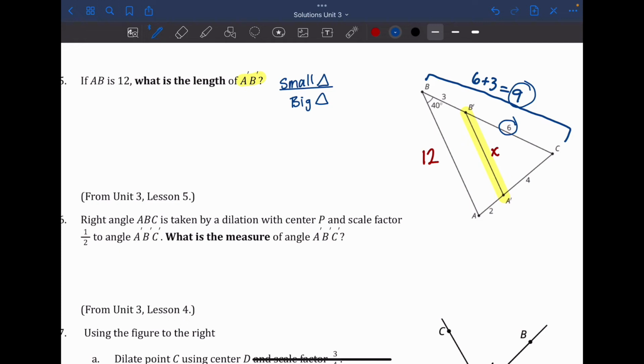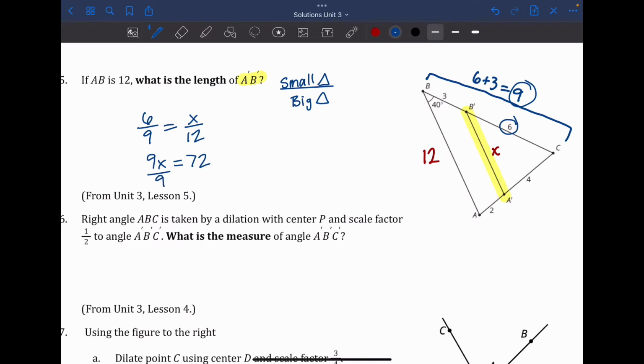So I would say 6 over 9, and I'm going to say that's equal to x over 12, and then cross multiply here. So we would get 9x, and 12 times 6 is 72. And if we divide both sides here by 9, we would get that our distance is 8. So our answer here is 8.